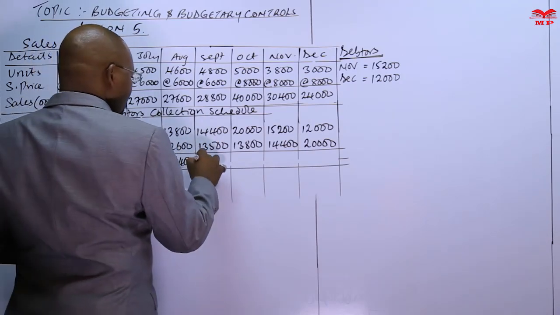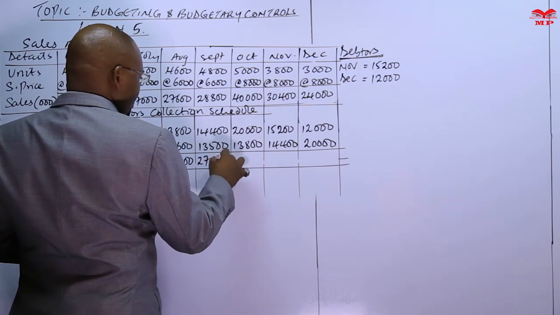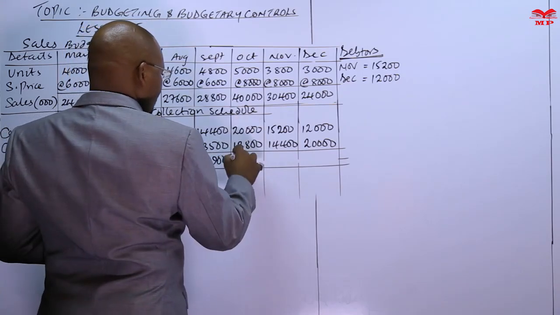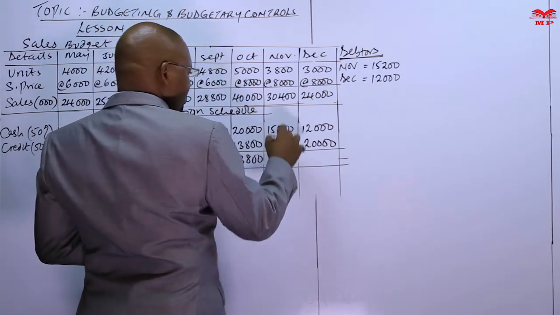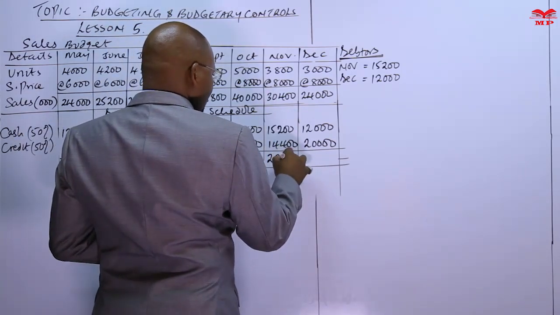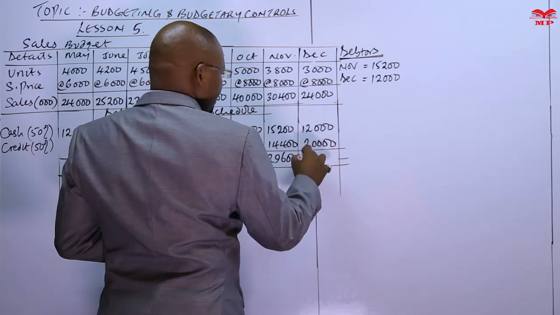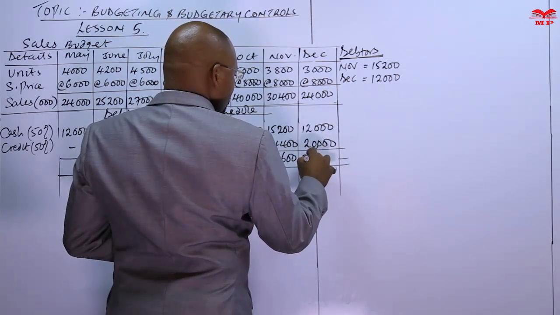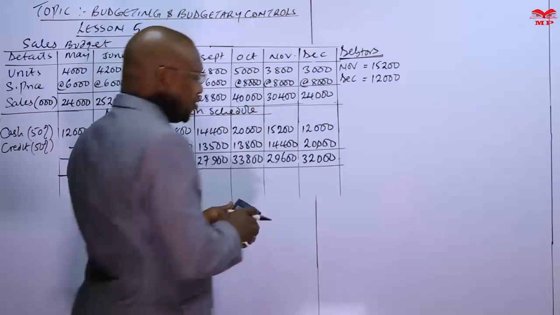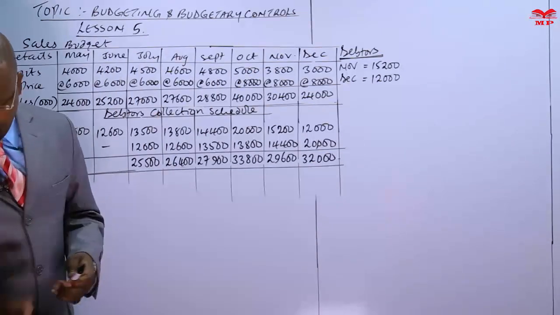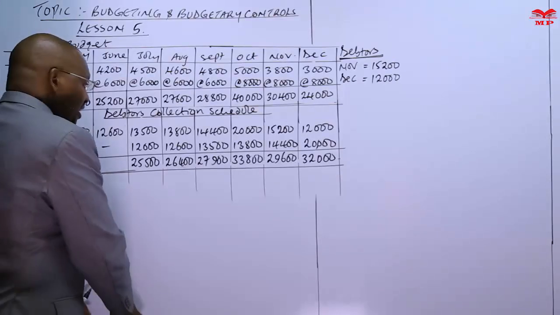This is 27,900. This is 33,800. This is 29,600, and this is 32,000. So that is now the collection that we expect from the debtors within that period.